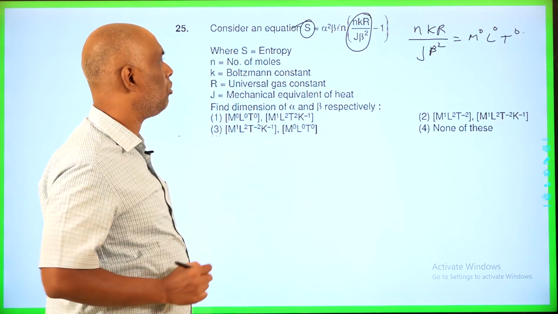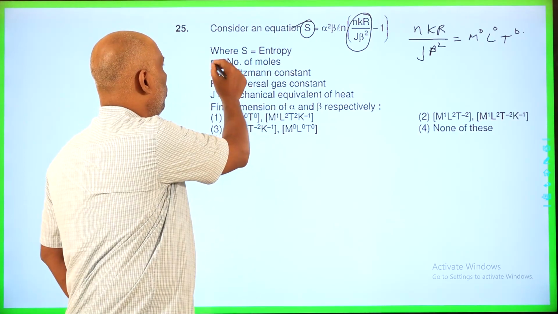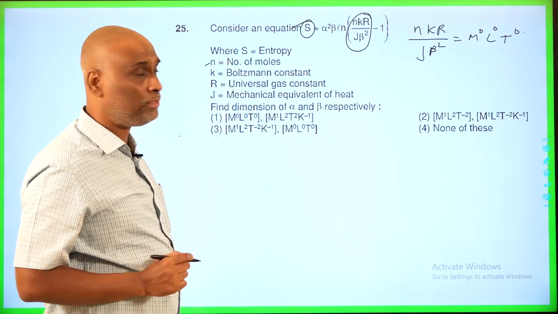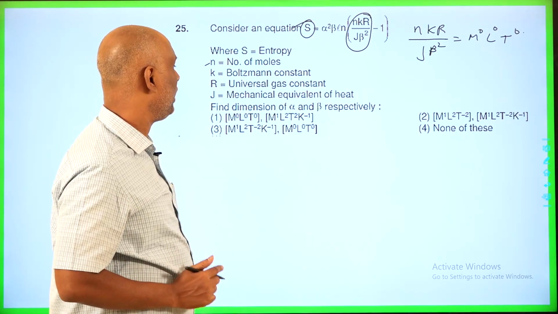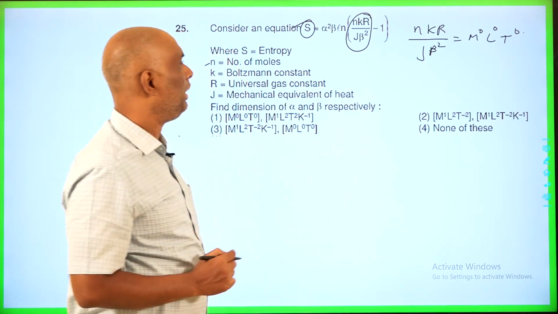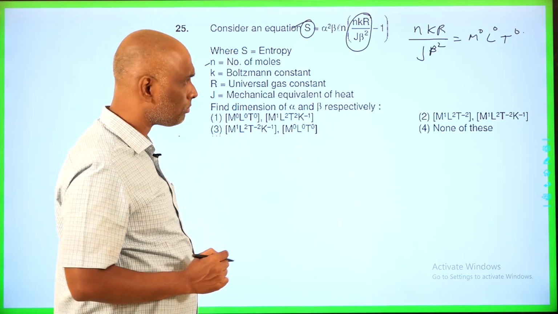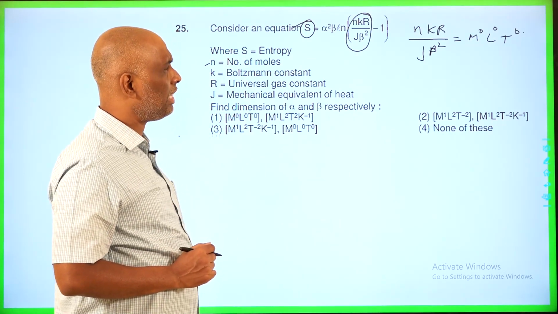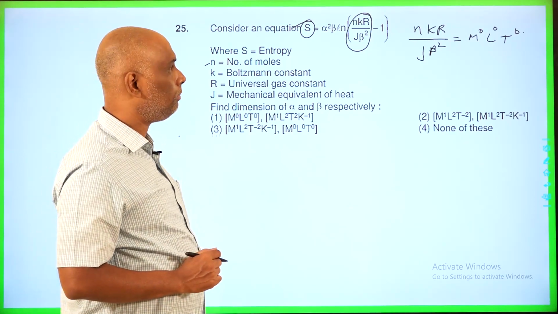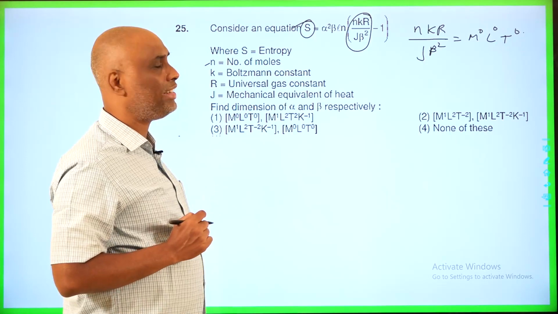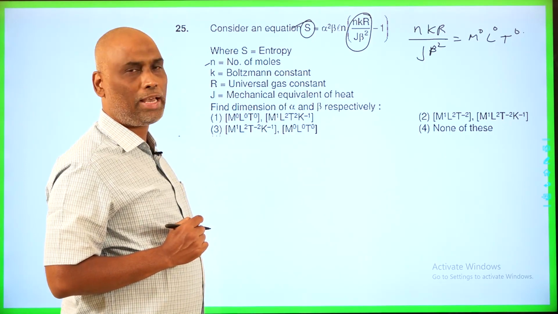It should be a dimensionless quantity. In this, let us look at what they are. n is the number of moles, k is the Boltzmann constant, R is the universal gas constant, J is the mechanical equivalent of heat, and then beta we have to find out the dimensional formula. So here you have to understand that k can always be written as R divided by Avogadro number.